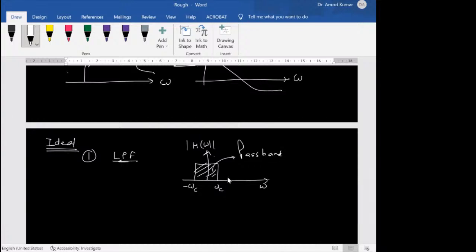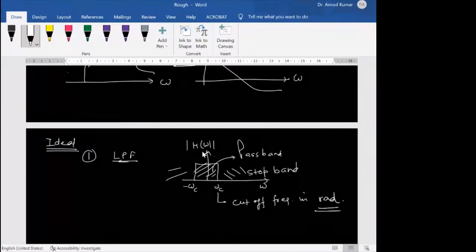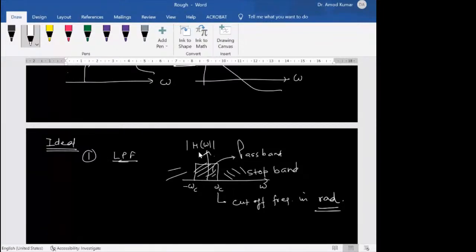And the other part is called the stop band of the filter, where omega c is called the cutoff frequency, in radians. Units of omega are radians. This is the frequency response of an ideal discrete low pass filter.